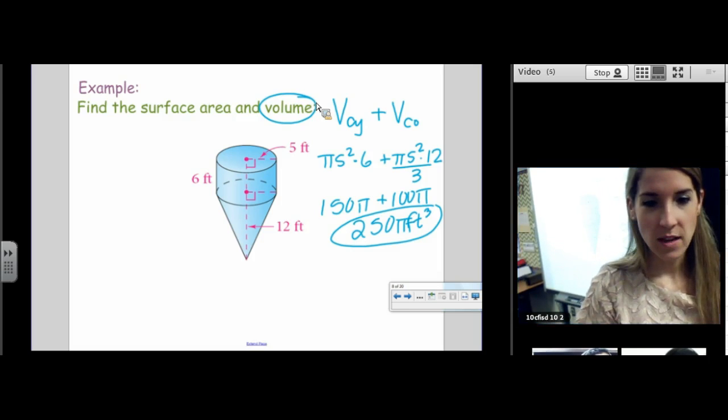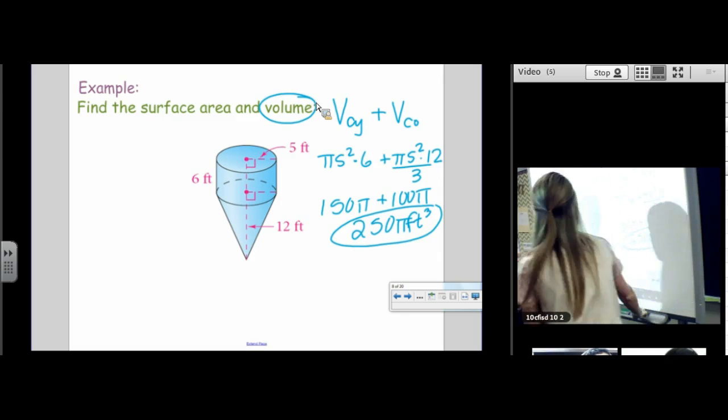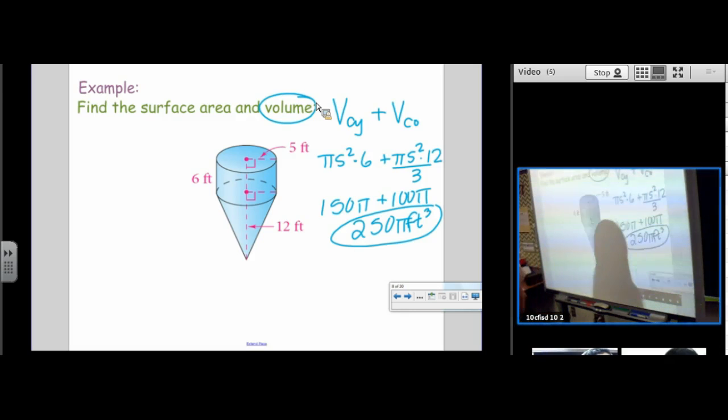Cool? Now let's do surface area. I would say the strategy on the surface area would be, let's see, we're going to find the LA of the cone, right?